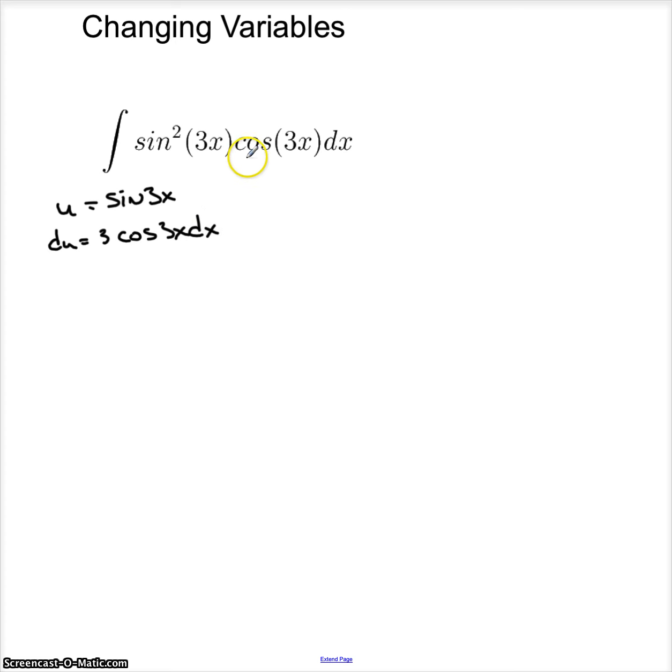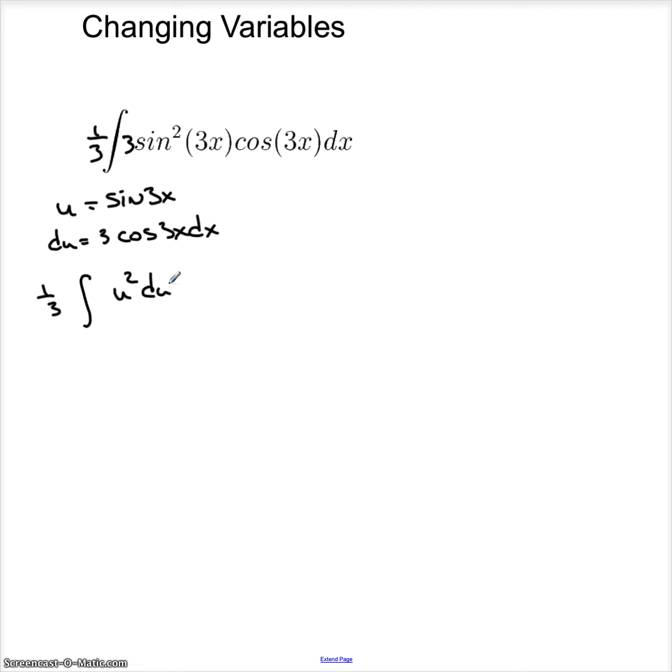All right, so I've got the cosine 3x dx here. I need a 3, and this is kind of a little cheat here, divided by 3. So this becomes 1/3 the integral. Now this is sine squared of 3x, so this is u squared. And then I have the 3 cosine 3x dx, and that's du.